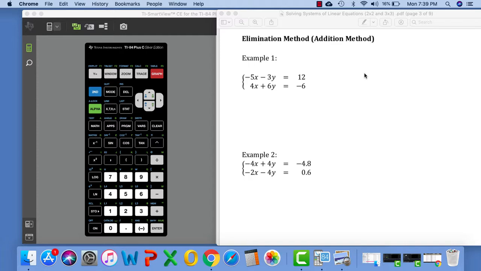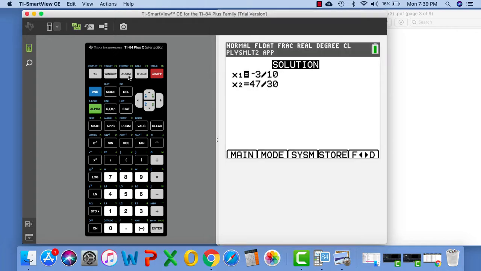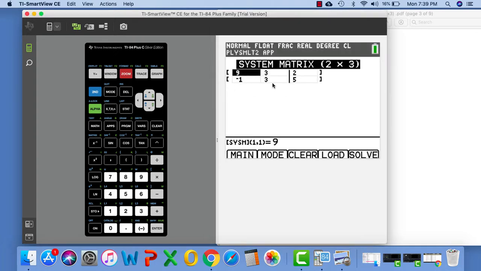Now let's go back and do one of the examples we did previously, and we can use this app to check our answer. So I want to go back to my system. The button right below where it says system, that's zoom, and it's going to take me back.